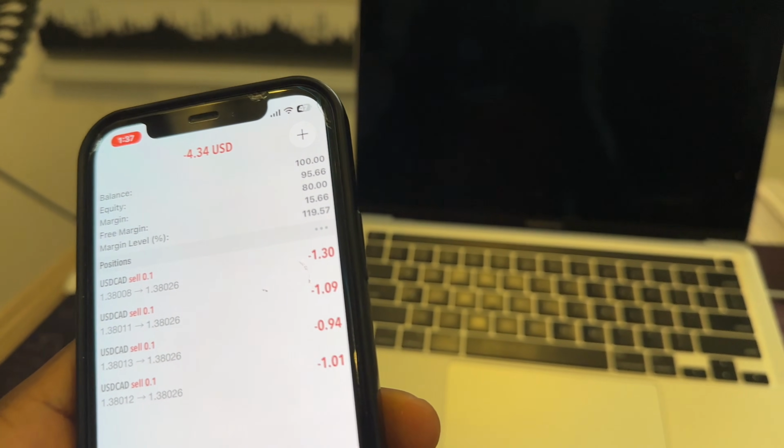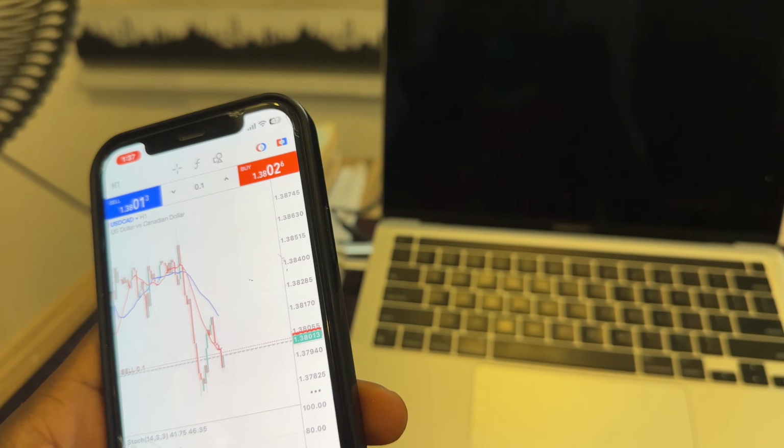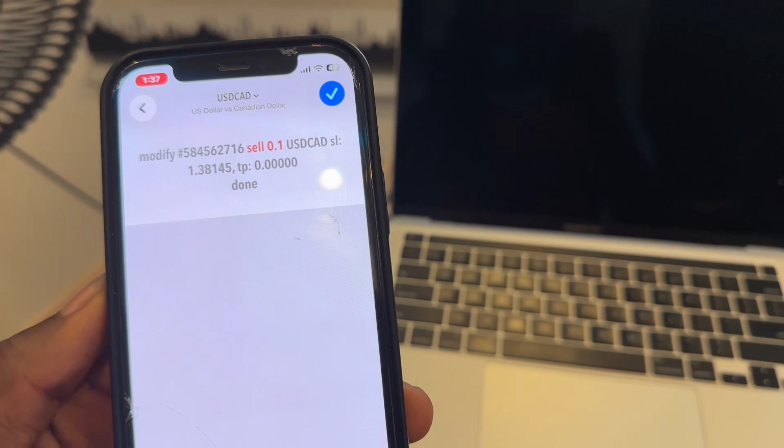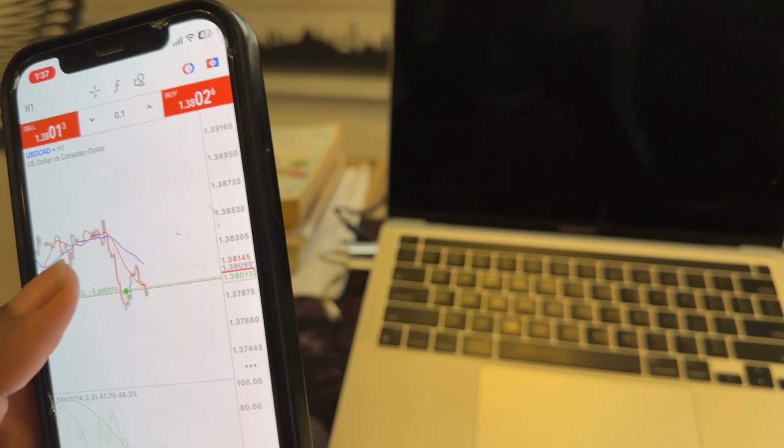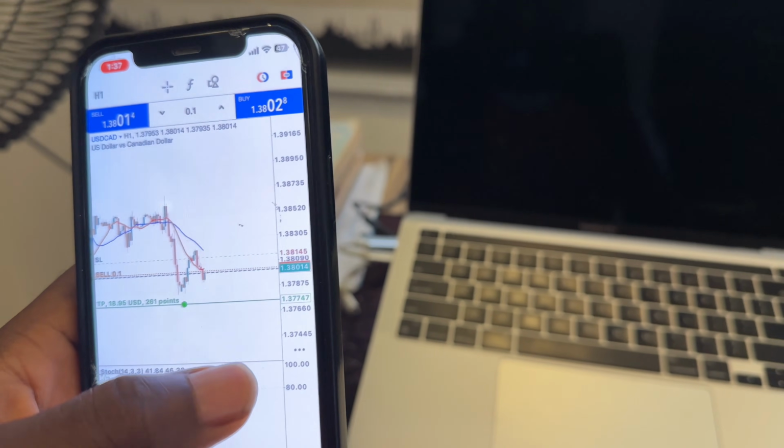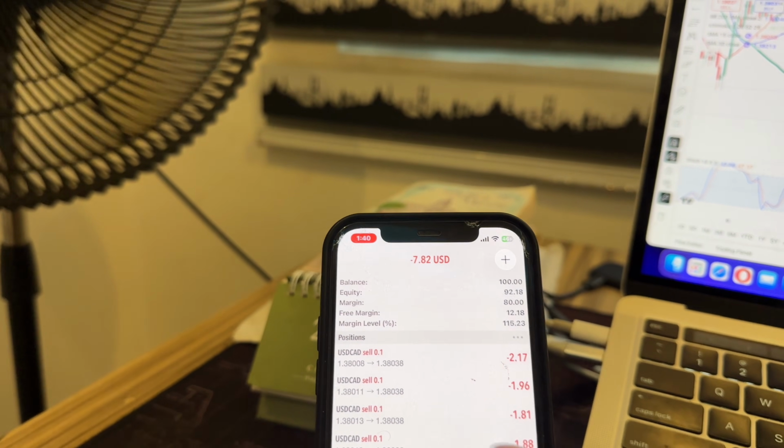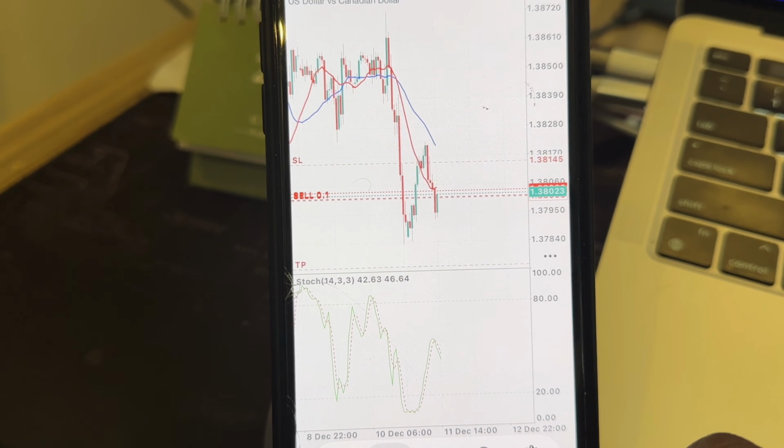At this point I had to place my take profit and my stop loss. And at this point it's really all just about waiting for the market.